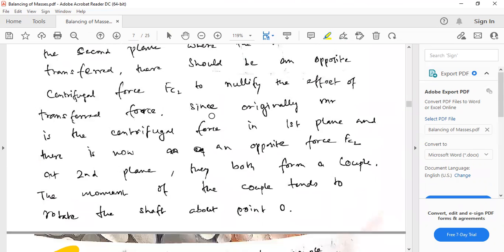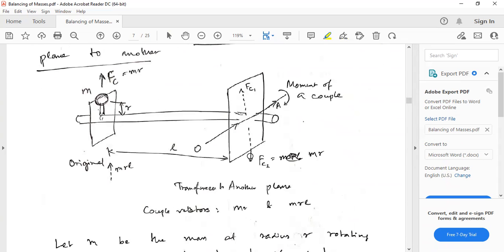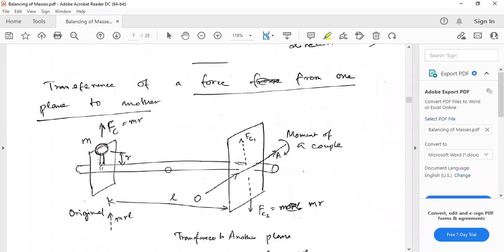Since originally mr is the centrifugal force at the first plane, and there is now an opposite force mr, equal and opposite, they will form a couple. This is what is written. The moment of the couple tends to rotate the shaft about point O. So to summarize, to transfer an existing force to a distance L, we need to consider the couple, which will be MRL.